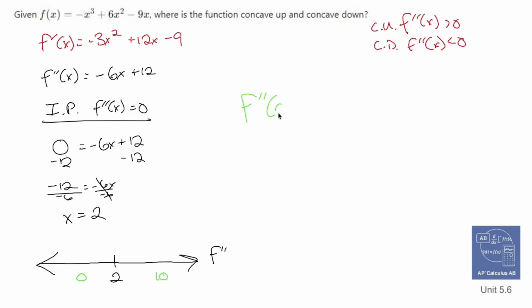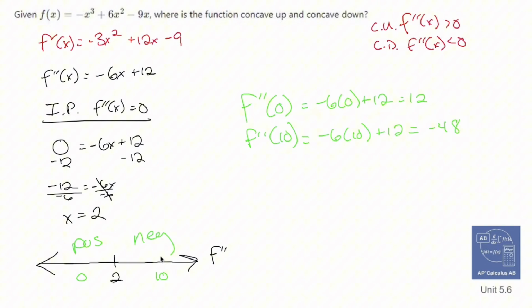So f double prime of 0 is going to involve me taking this right here and substituting in 0. -6 times 0 plus 12 equals positive 12, which means you are positive right here. F double prime of 10 is going to be -6 times 10 plus 12 is -60 plus 12, which is -48, so definitely negative.